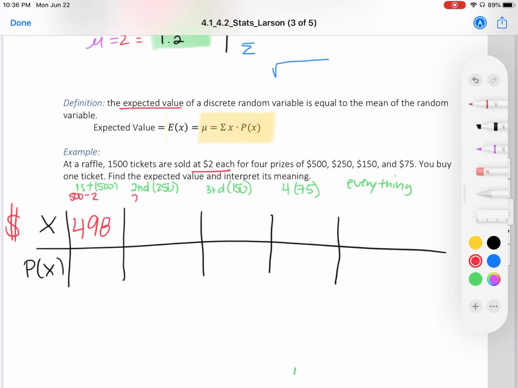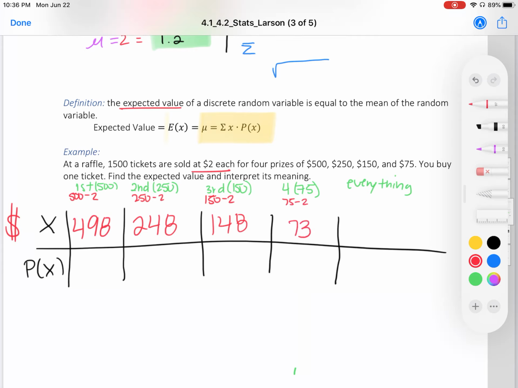Second place, 250 minus those $2 you invested. You would win 248. 150 minus those $2 you invested, 148. And $75 minus those $2, 73.